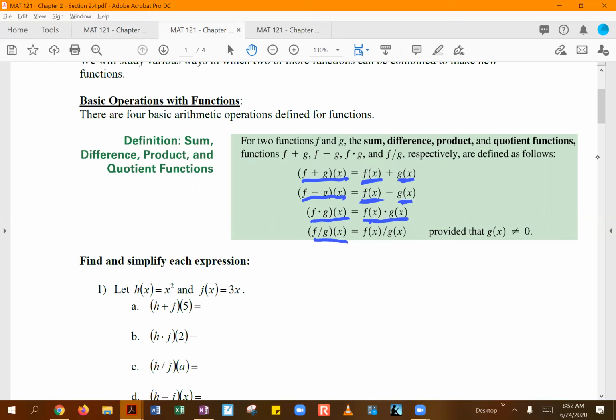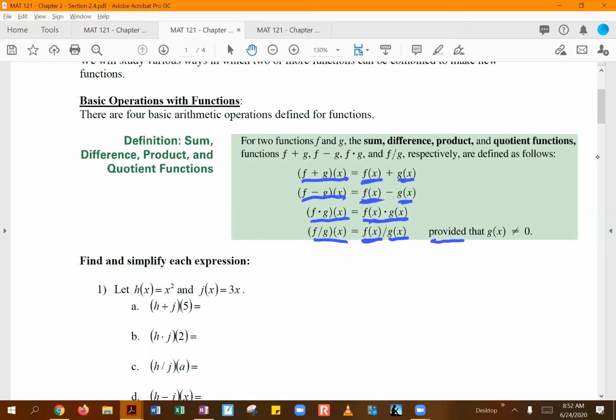Now with division, order is going to be important. So since it says f divided by g, that means f is going to be on the numerator, g is going to be on the denominator. Now we still have to consider the fact that anytime we divide anything, if your denominator becomes a 0, your division or your quotient would be undefined.